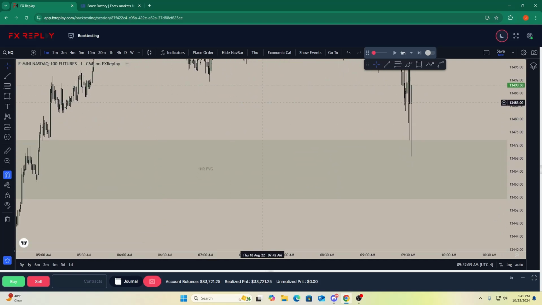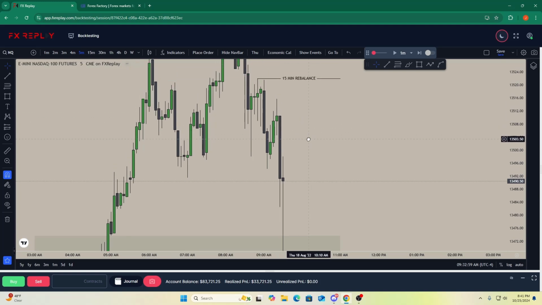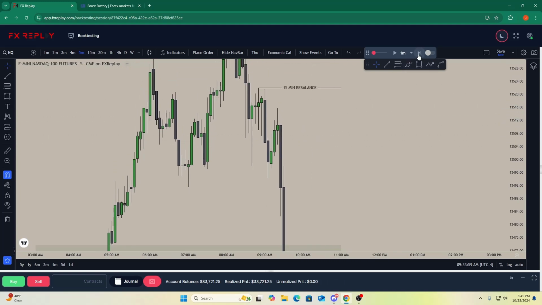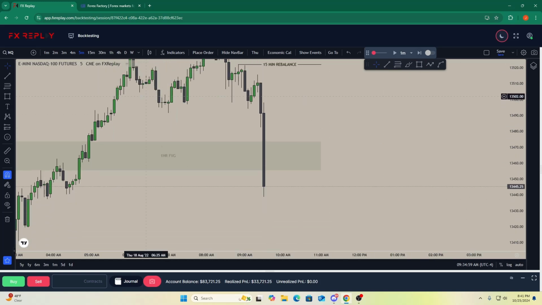We have to see about these lows, fill in balances. So I think it can be something really nice here. Let's see if this 5-minute opens up. This 5-minute will definitely open up.